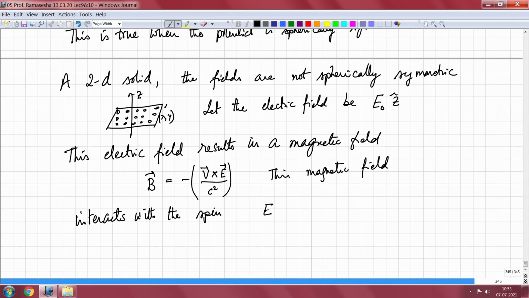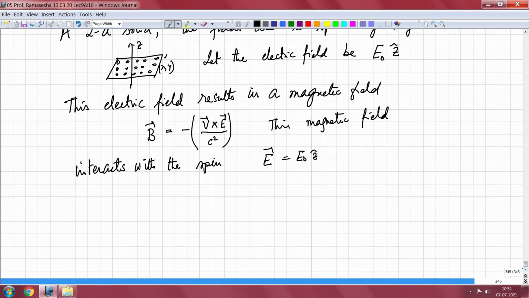Notice that E is equal to E naught z. So, when this happens, we get an additional spin orbit interaction term corresponding to this anisotropic or directional field along z.